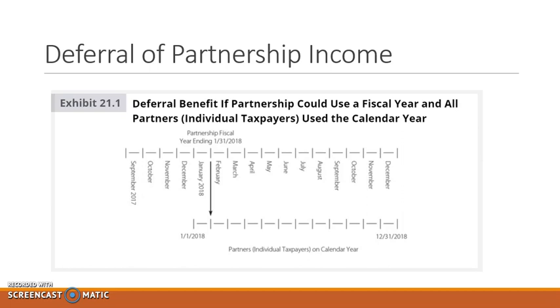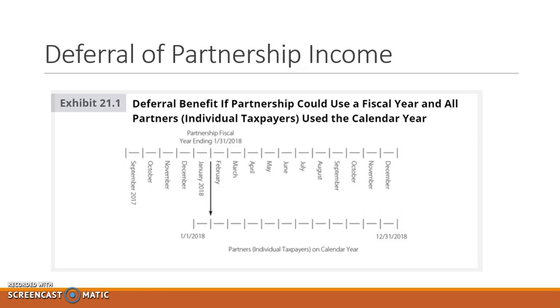So for instance, income earned by the partnership in February 2017 would not be taxable to the partners until the partnership's tax year closes on January 31st, 2018. It would be reported in the partner's tax returns for the year ended December 31st, 2018, and so then it's not due until April 15th, 2019. So even though each of these partners would be required to make quarterly estimated tax payments, some deferral might still be possible.